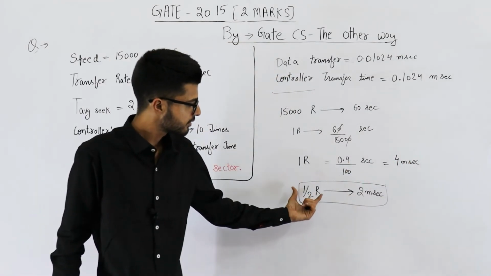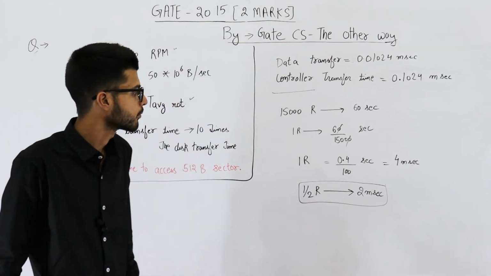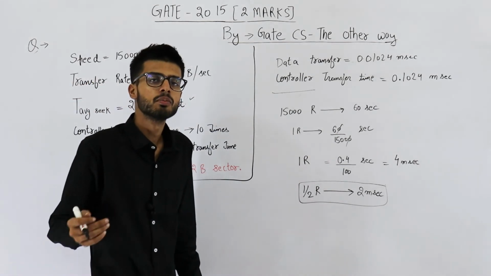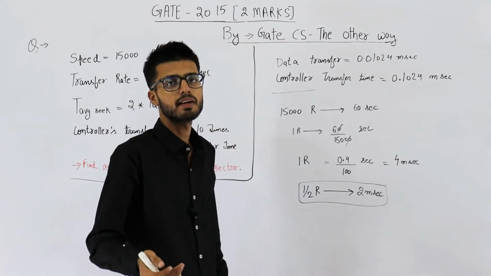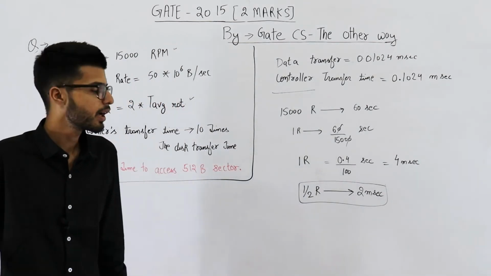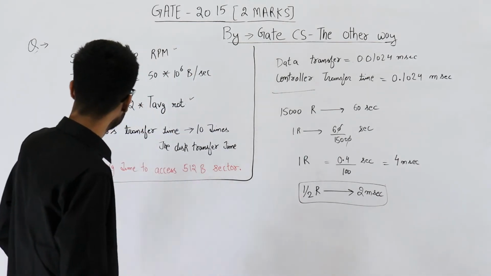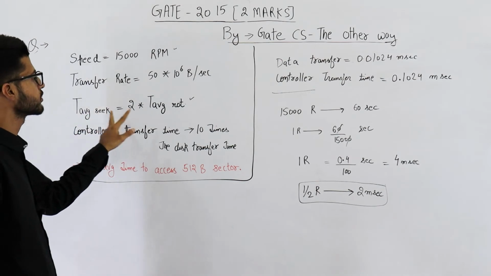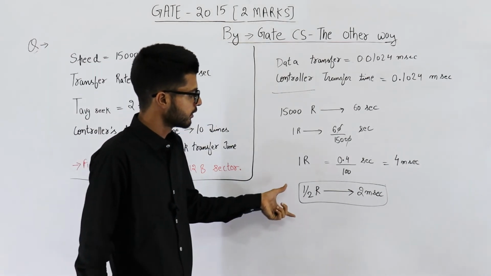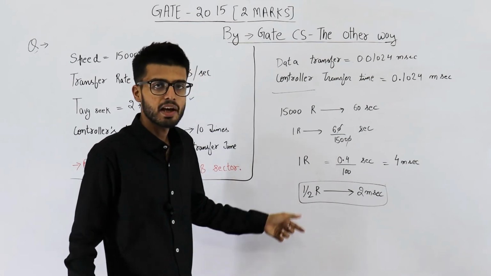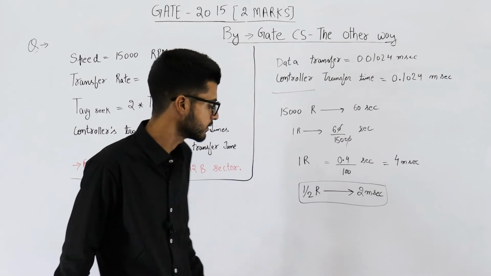Why is this average rotational delay equal to the delay for half rotation? Because at times you might not require any rotational delay, and at times you might require a full rotation. So the average case will be half rotation. Then the average seek time is twice the average rotational delay. The average seek time will be twice of 2 milliseconds, that is 4 milliseconds.